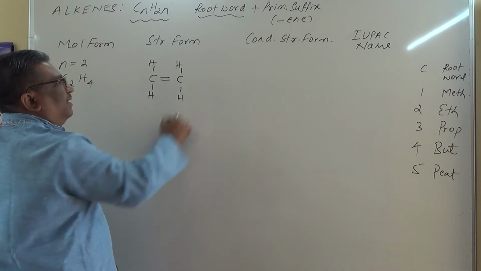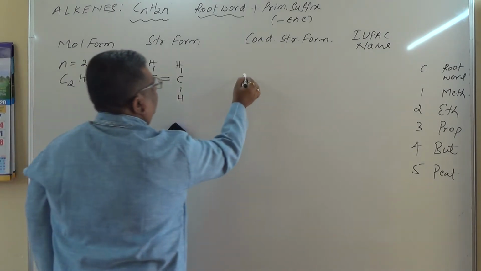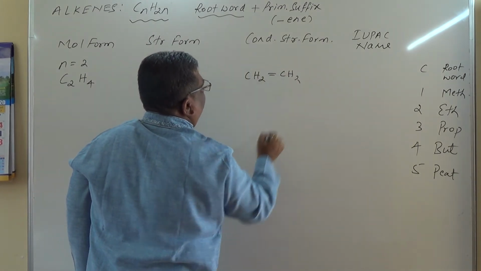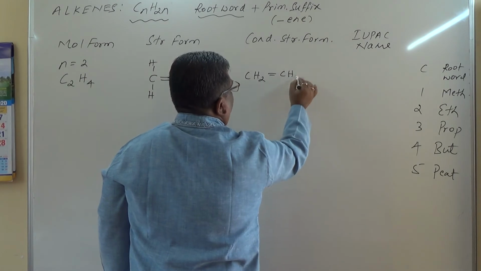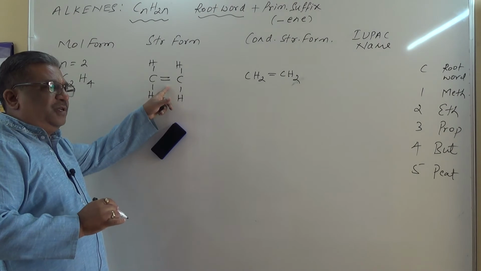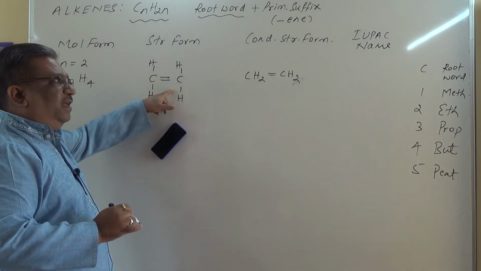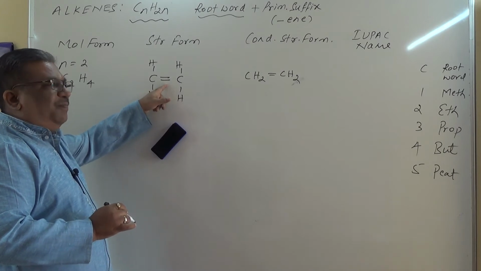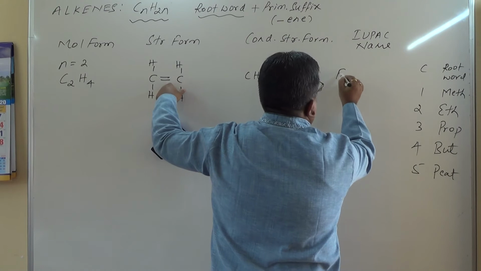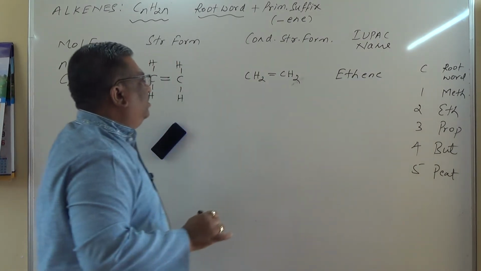Condensed structural formula: CH2 double bond CH2. What is the IUPAC name? This is the parent chain, the longest possible chain. Number of carbon atoms 2, therefore root word eth, double bond, primary suffix -ene: ethene.